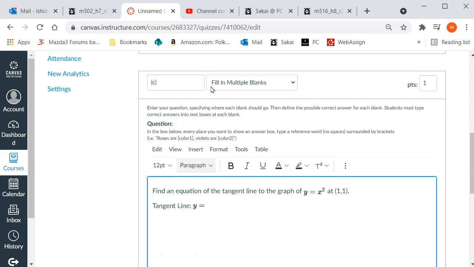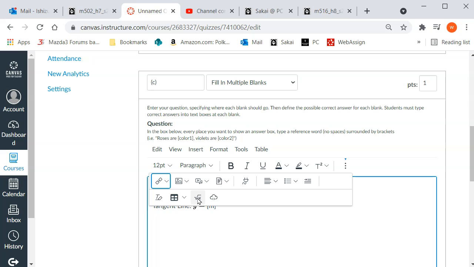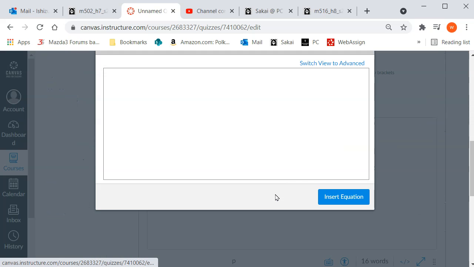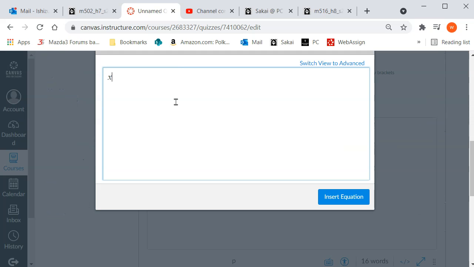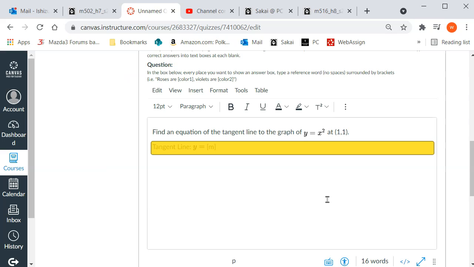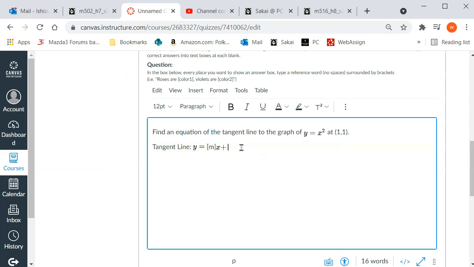So I have to put a blank. When you put a blank, you put a square bracket and say slope, and then we're going to put x plus b or something like that. So I'm going to put x plus, insert that, and then b.